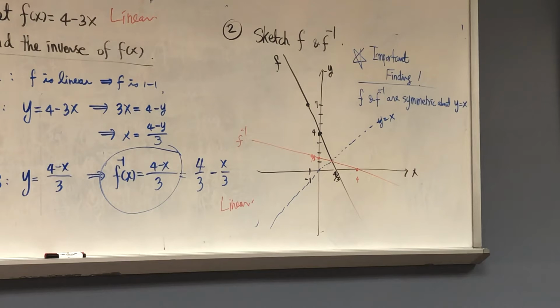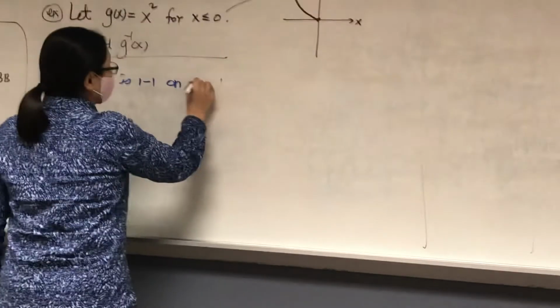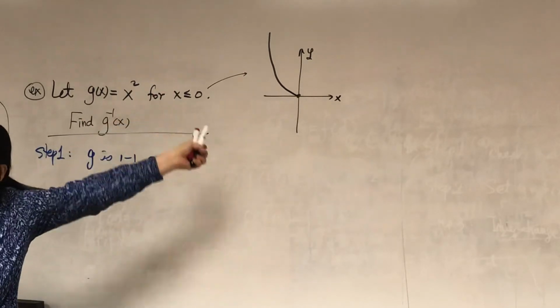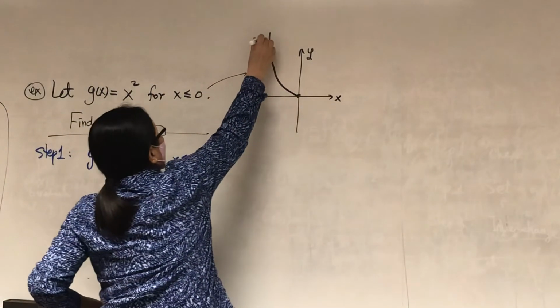Now, find g inverse of x. That's the question. And then what? Step 1: 1-to-1. Good job. g is 1-to-1 on the interval of what? With this picture, this is the g picture.